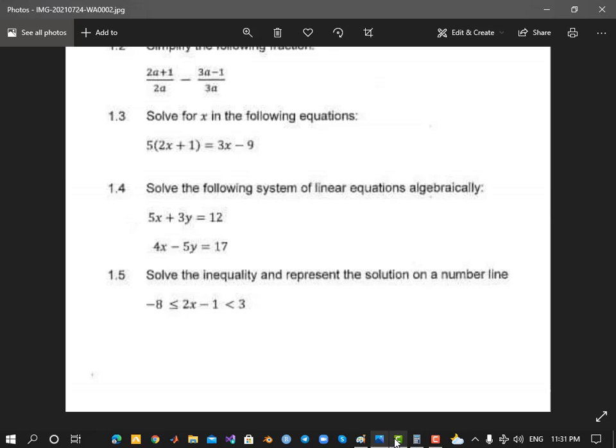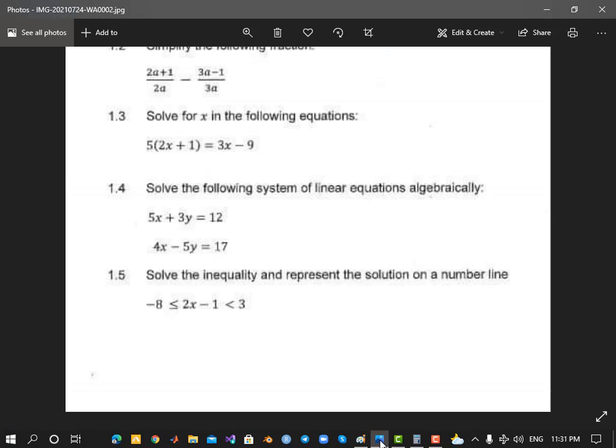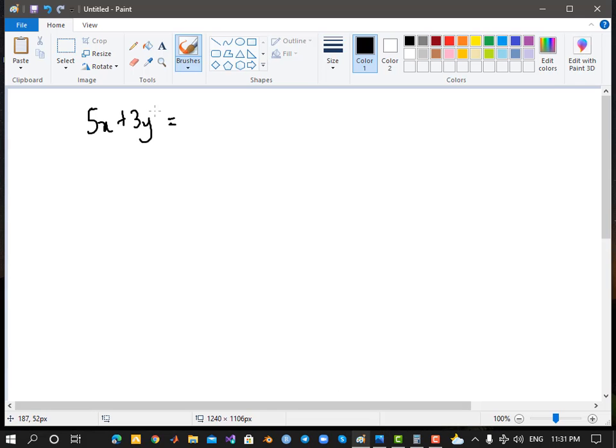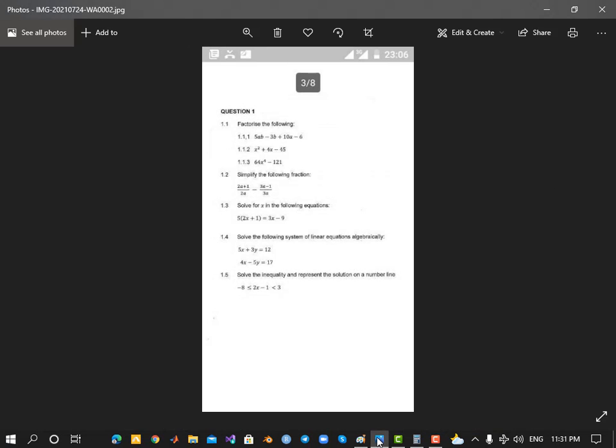So we have two equations here that we are supposed to solve.